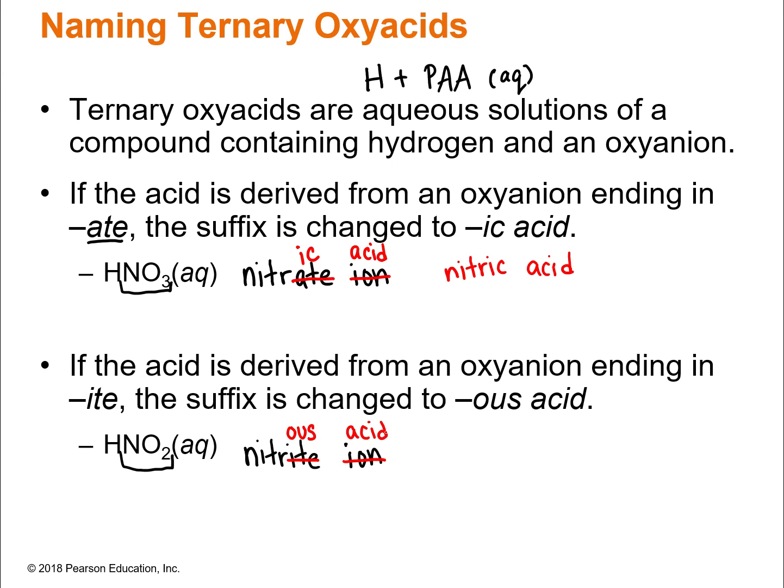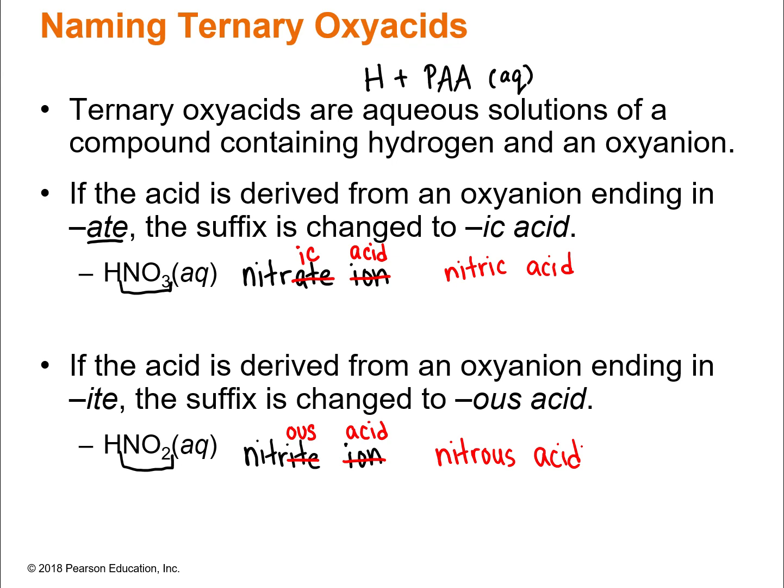Replace the word ion with acid. So you have nitrous acid. Are those rules clear for naming the ternary oxyacids? I told you these are easier.